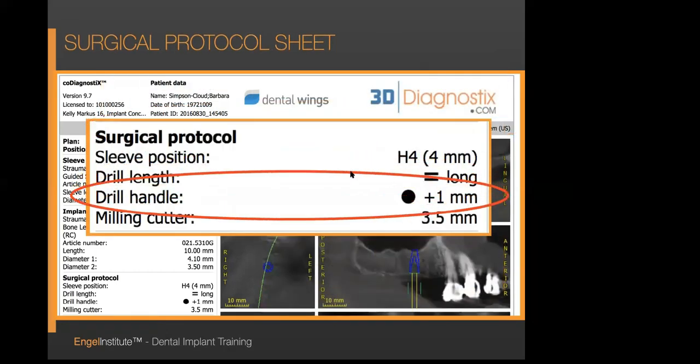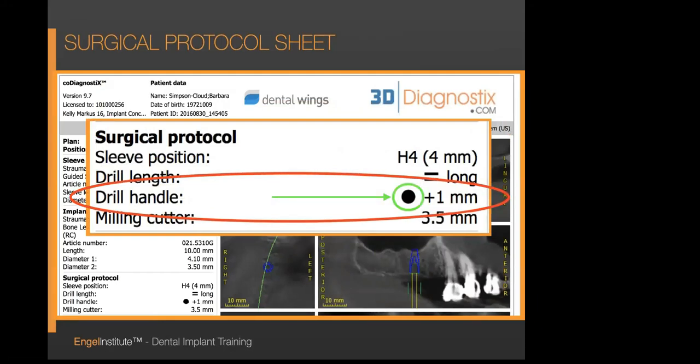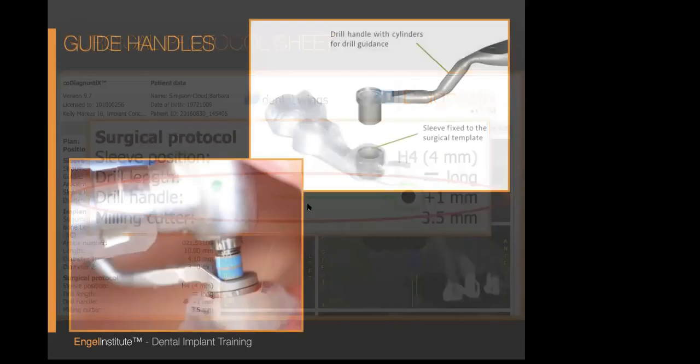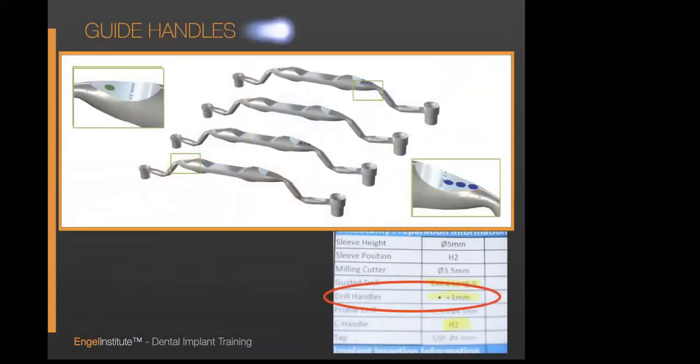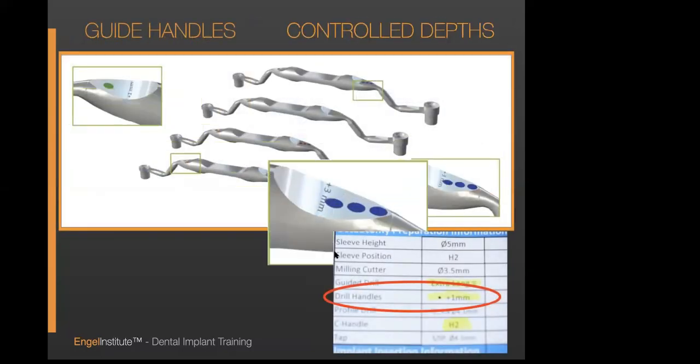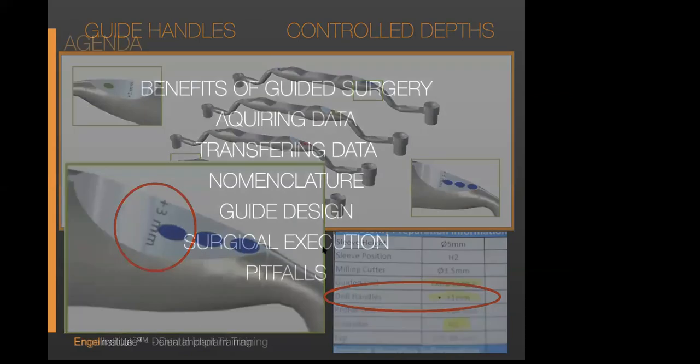So it would say, hey, for you, we want you to use the one size handle, and you could see here, handles come in all types of different forms, but there's one dot right here. I don't know if you could see it, it's a blue dot. So I would just put the handle in with the one blue dot as instructed, and then I would grab the number 2 line drill and go to depth, and now I know everything is controlled. Okay, there's the handle. That's the 3 side, not that that matters.